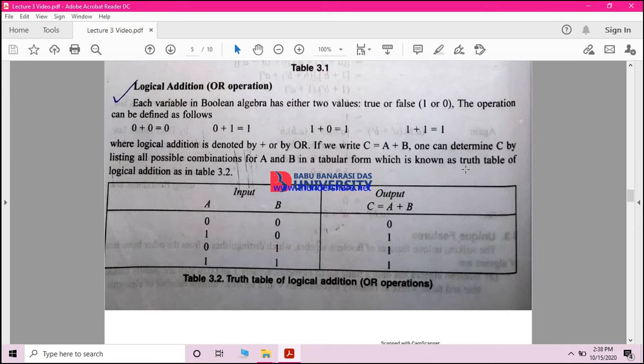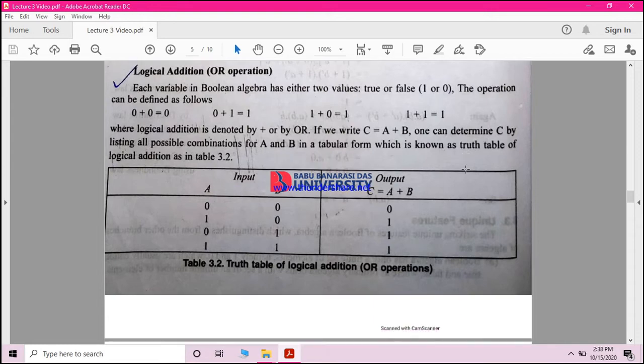As it is represented by an OR, it is also represented as a union operator.